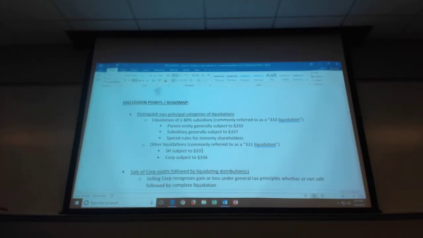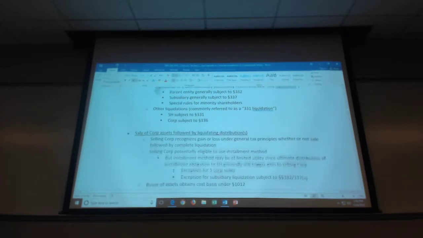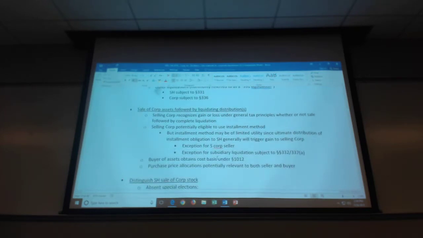Those rules apply whenever there's a liquidation of a corporation that's not an 80% or more subsidiary. And in that type of liquidation, the liquidating corporation is subject to section 336, which we're about to dig into, under which the liquidating corporation generally is going to recognize gain or loss.